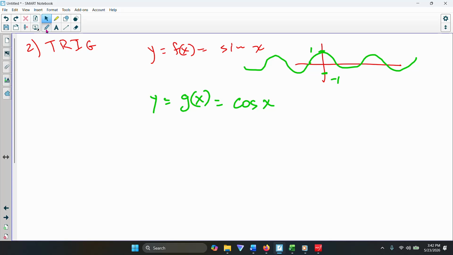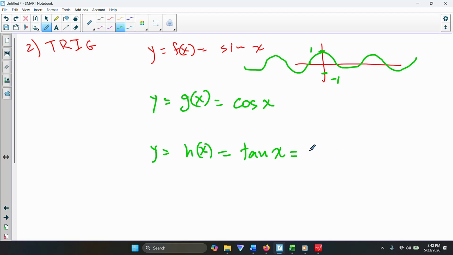I'll do one more, right? Just in case you come across this, what is y equals, let's call it h of x. What does the tangent function look like? Tan of x. Well, remember, tan is what? It's sine of x divided by cosine of x. That means you're taking the sine function divided by the cosine function.